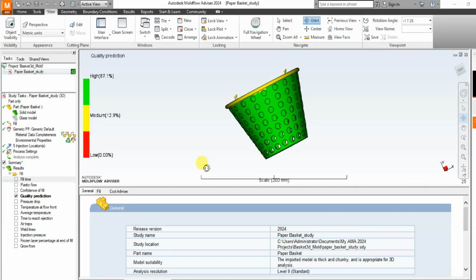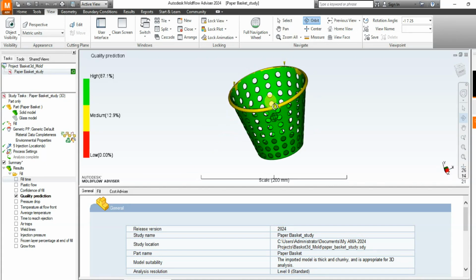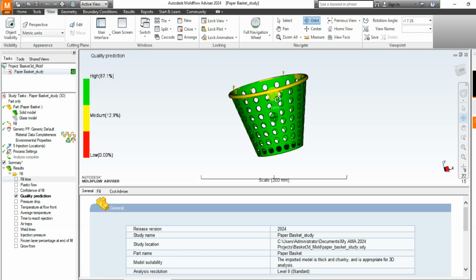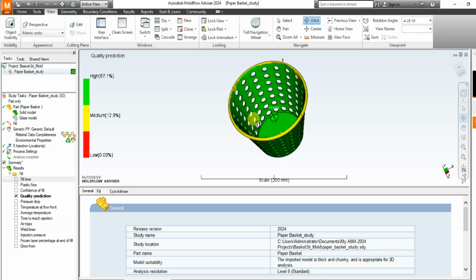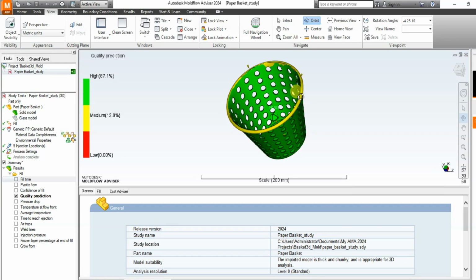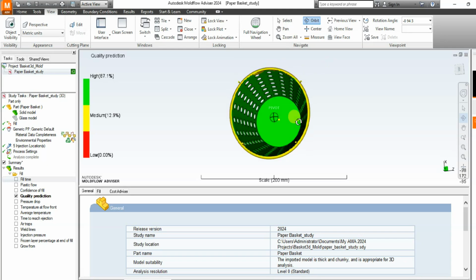Okay, having now gone through the confidence of fill, the next important thing we want to look at is the quality of the result. That's the quality prediction. This is derived from pressure, temperature and other results, and the quality prediction result is used to estimate the mechanical properties and the appearance of the part.